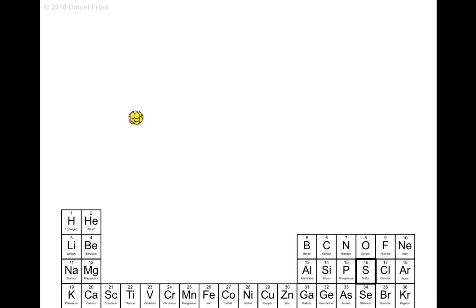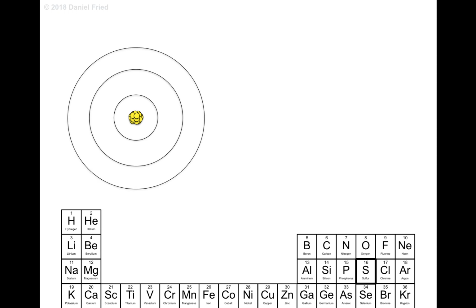How many orbitals should there be? So have your students think about this. How many orbitals should there be in a sulfur? Are we in the first row? Are we in the second row? Are we in the third row? We're in the third row, so therefore we should have 3 orbitals. This is what the periodic table is teaching us. It's teaching us, based on the position of the element, how many orbitals it should have. All right, we have a bigger picture here.